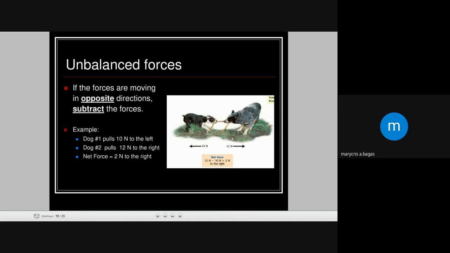Dog number 2 pulls 12 newtons to the right. You subtract 12 minus 10, which equals 2, meaning the rope will go to the right because dog number 2 exerts more effort compared to dog number 1.